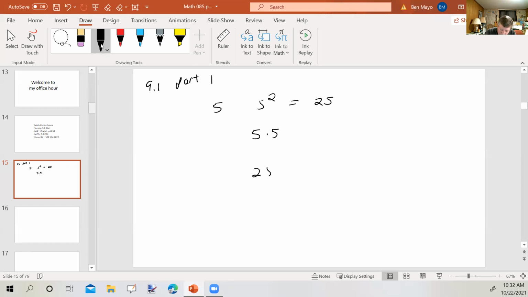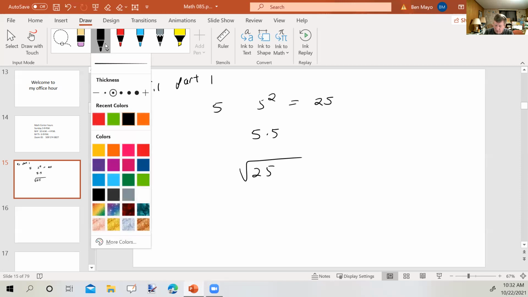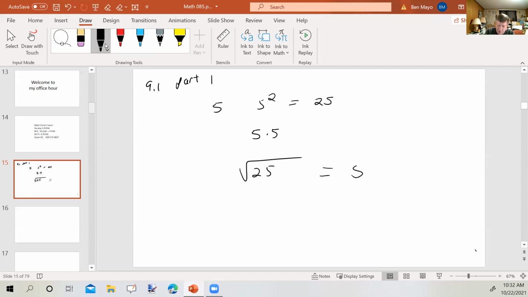Well, when you take the square root of 25, you're going back to the number that you squared to get to 25. So just like your roots are your beginnings, going back to where you started, a square root is going back to where the square started before it was squared. Okay, I don't know if that makes sense or not, but that's my story and I'm sticking to it.